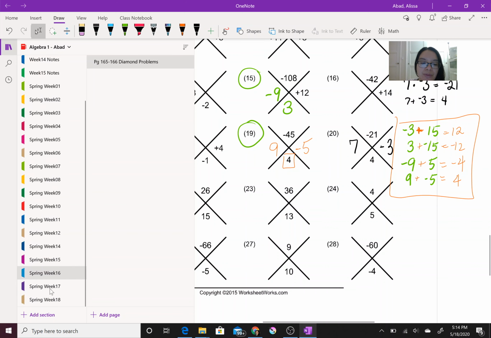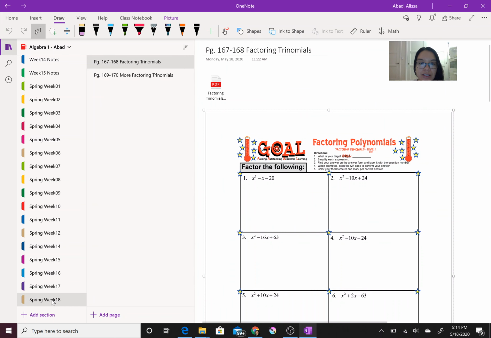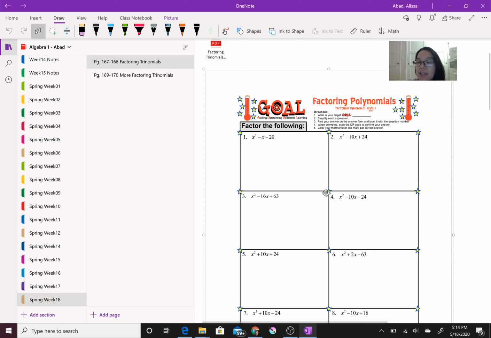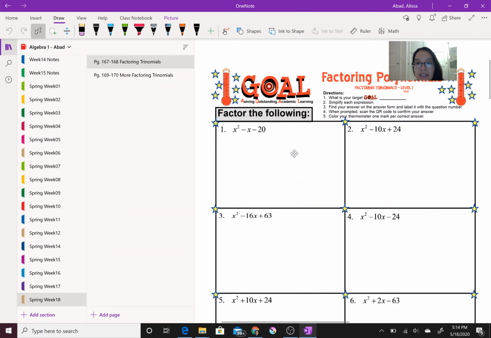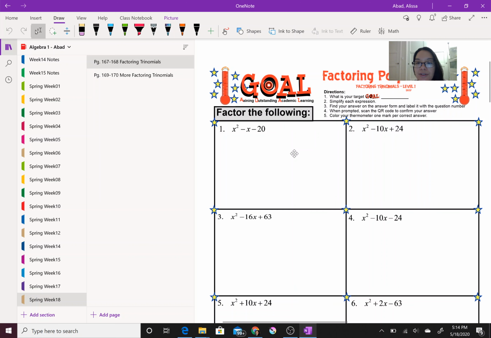But with factoring polynomials or trinomials, you're going to see that it requires looking at the same kind of rule. This is asking you to factor this polynomial. One way to think of it is that you're trying to factor it into two binomial groups.